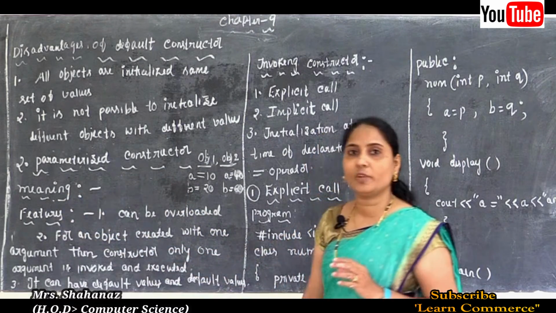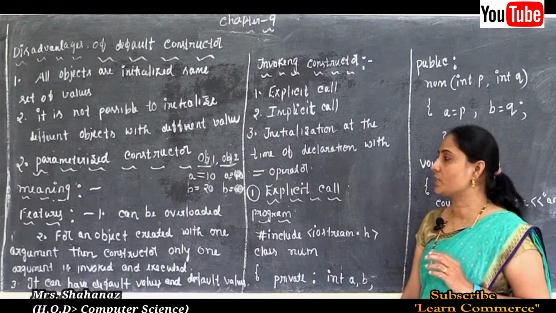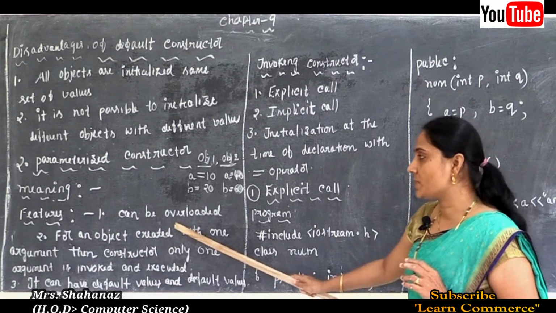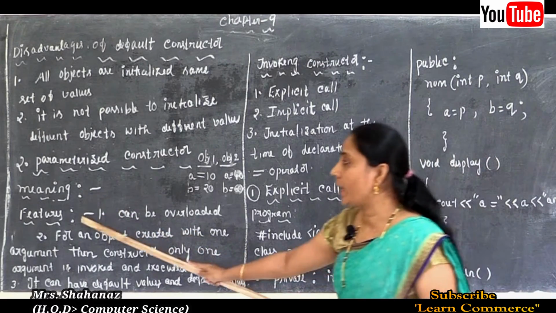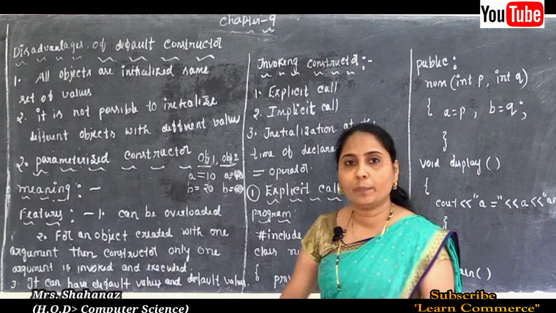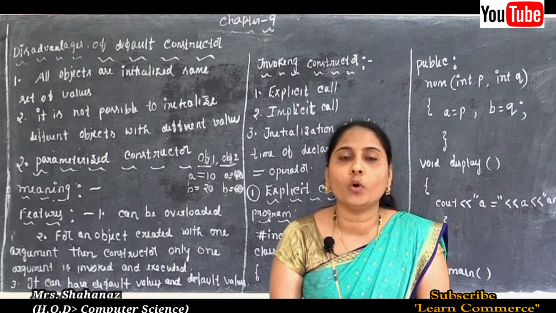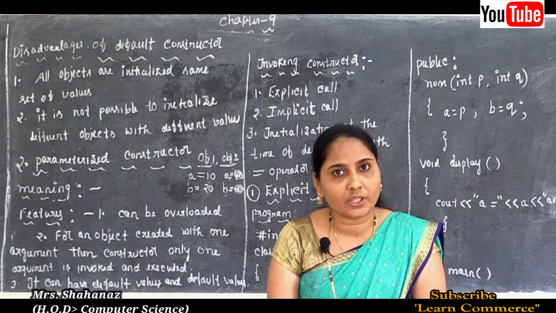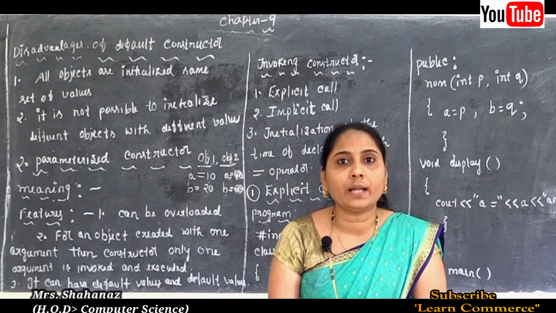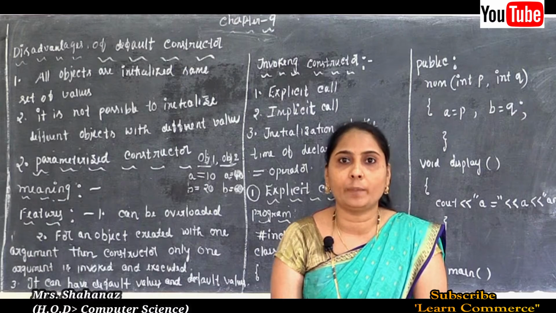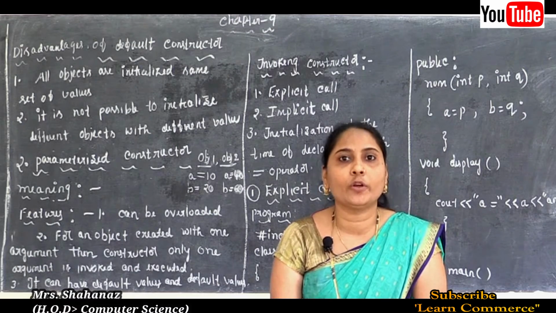Now some features of our parameterized constructor. The first feature is that the parameterized constructor can be overloaded. What is the meaning of overloading? Overloading means the function name is the same but we use different kinds of arguments and different numbers of arguments.